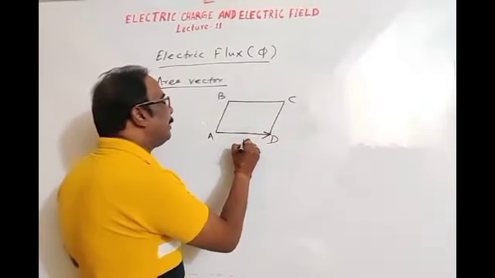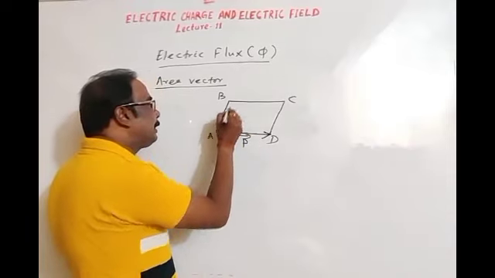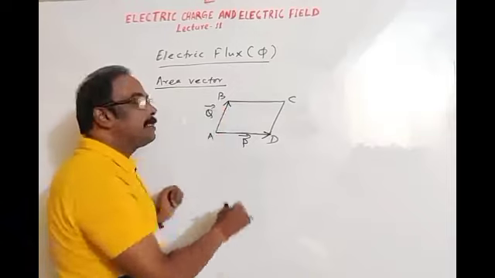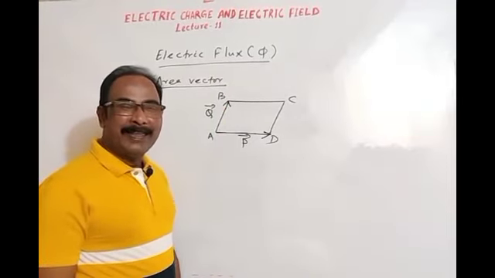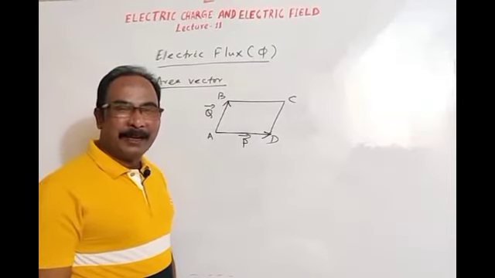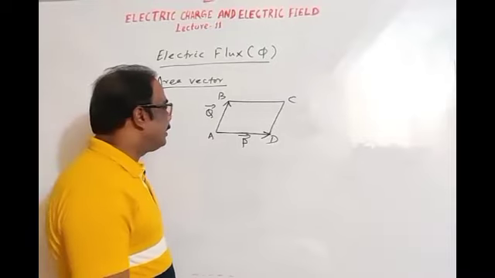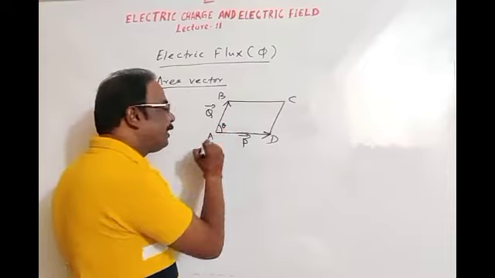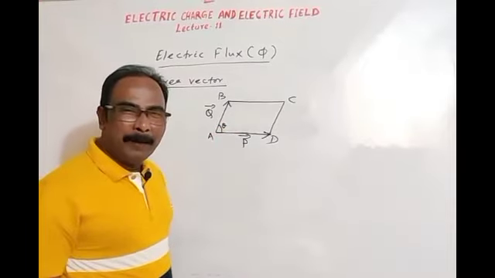Along the side AD, a vector P is represented, and along the side AB, the vector Q is represented. So two vectors are represented in magnitude and direction by the two adjacent sides of a parallelogram. Let the angle between them be theta. Then what is the area of the parallelogram?